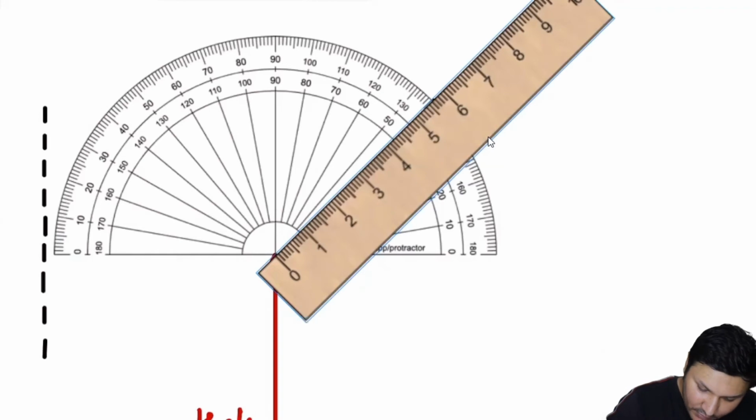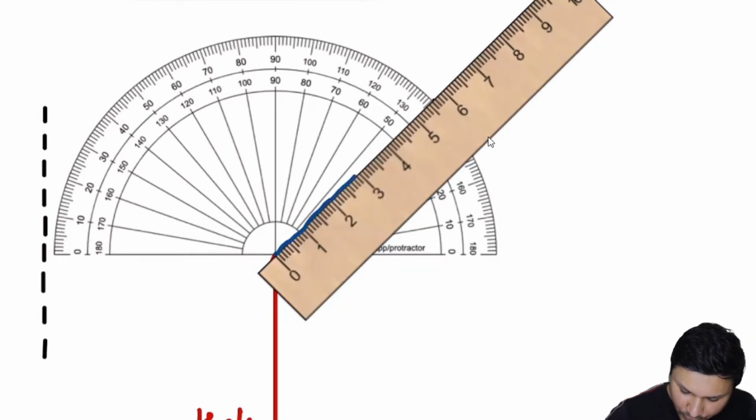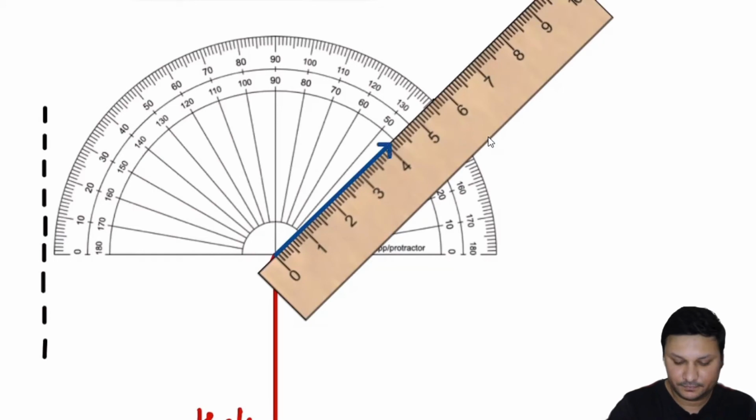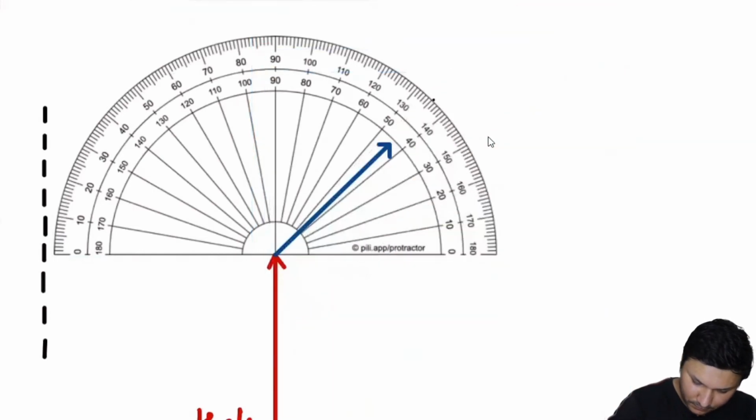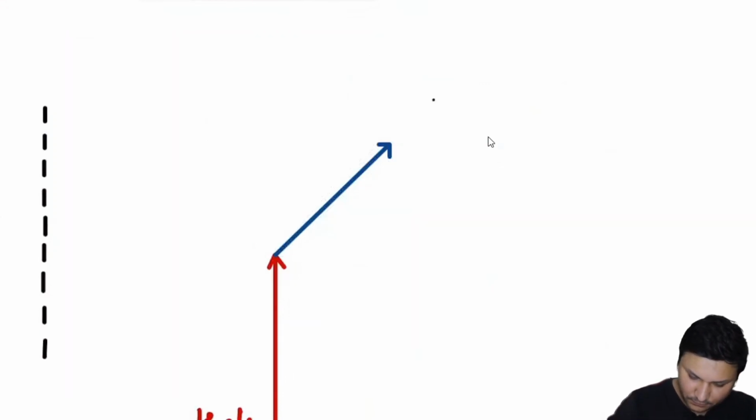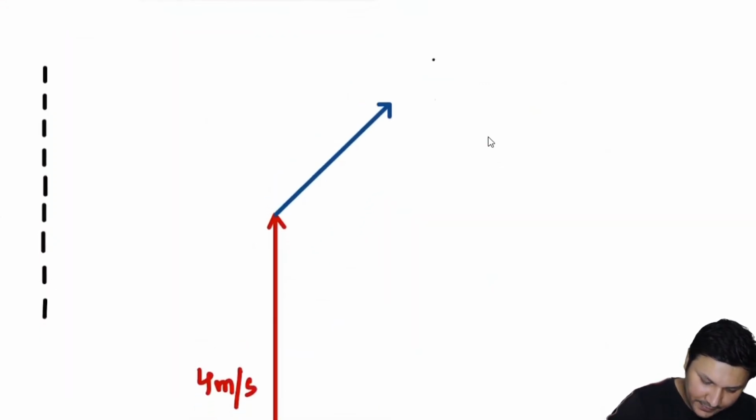So I will draw a vector of 1, 2, 3, 4. And since it's a vector, I will draw an arrowhead. And we will represent this vector as 2 meter per second.